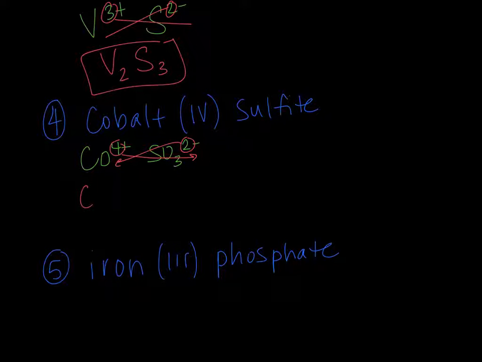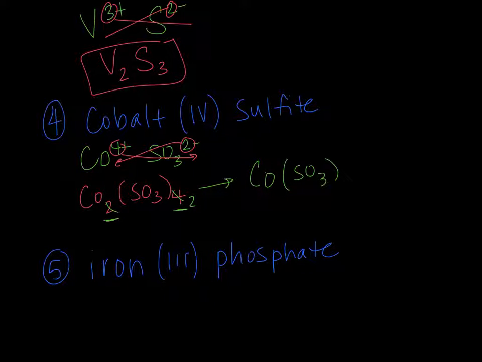And when I do that, I get Co2, SO3, 4. Not paying attention. So I have a 2 and a 4, and that can be simplified. And so what I end up getting, this becomes a 1, and that becomes a 2. So I have Co, SO3, 2.